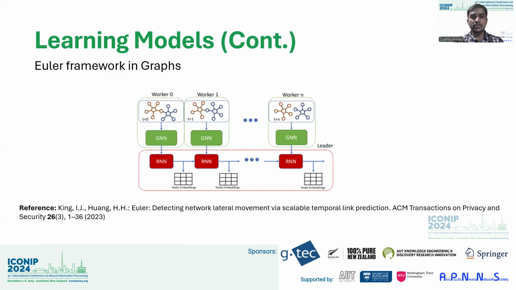So the sequence of these building blocks also varies. It depends on the complexity or the architecture of your problem. Like in this example, in the Euler framework, they have used GNN before RNN, where the RNN is used to model the temporal data, and GNN is used to determine the topology of the graph.